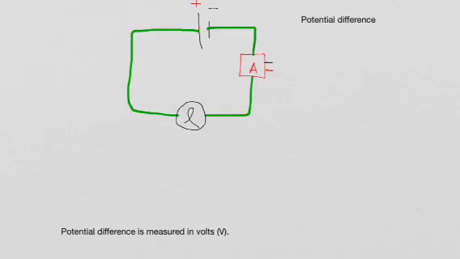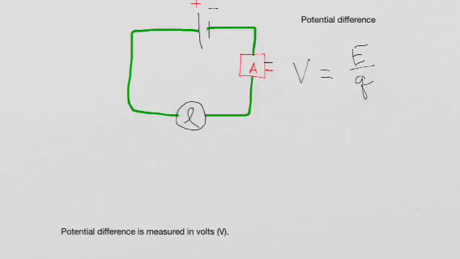I know that some of you are sitting there going, what does that mean? When we look at the formula for potential difference, we see that it does mean what the definition says. The formula is V equals big E over Q.